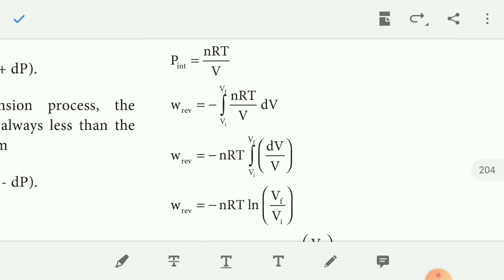Since nRT is constant, it comes outside. So W reversible equal to minus nRT, the integral of dV by V.